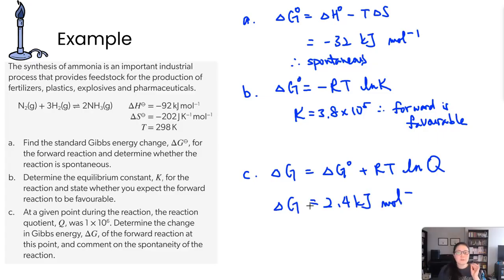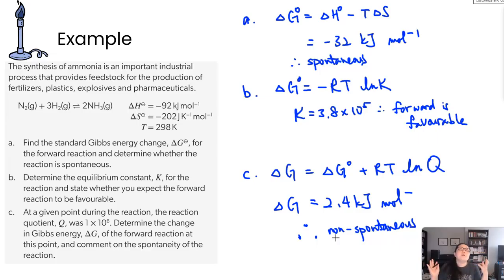So you toss in your numbers, you are going to get a delta G of 2.4 kilojoules per mole. So this is a positive number, and therefore at this particular Q, with this particular combination of concentrations of your reactants and products, this reaction is going to be non-spontaneous in the forward direction, of course.